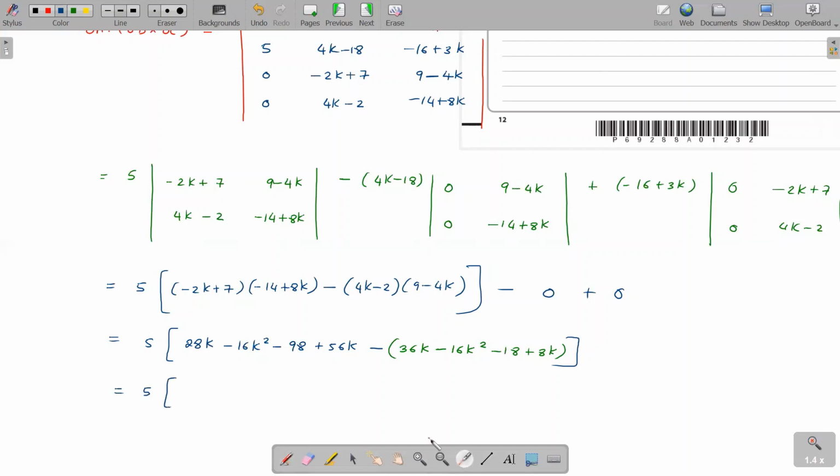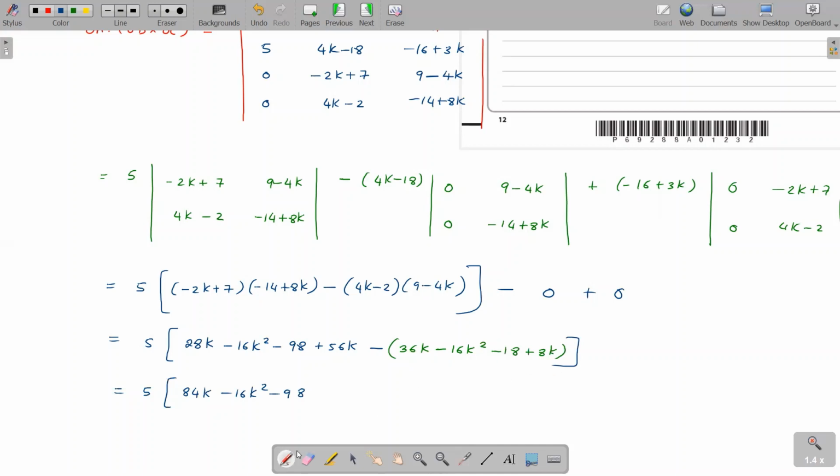So here 28k plus 56k, can you all add? How much is it? 28 plus 56 is 84k, minus 16k square, minus 98. Open the bracket here. If I open, can you all add 36k plus 8k?